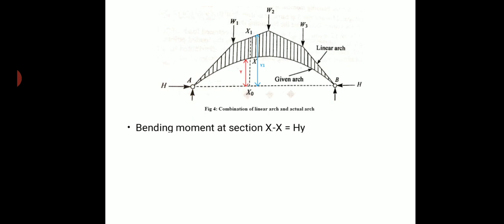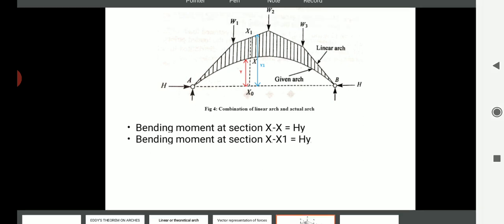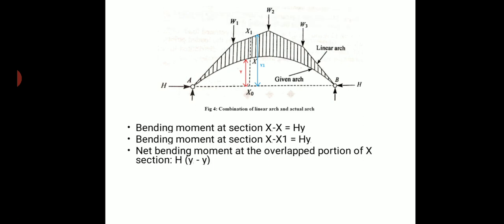And the bending moment at the section x naught x1, that is for the linear or the theoretical arch, would be equal to H into y1. Therefore if I want to consider the net bending moment of the overlapped area, you can just observe the overlapped part between the given as well as the theoretical arch, which is a hatched area here.